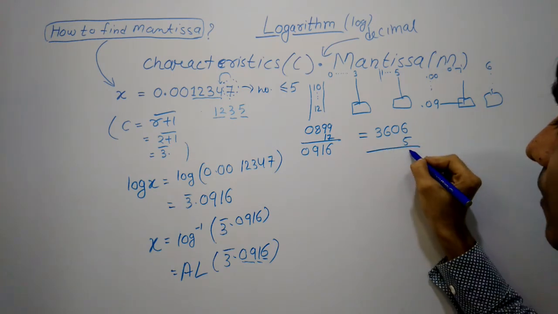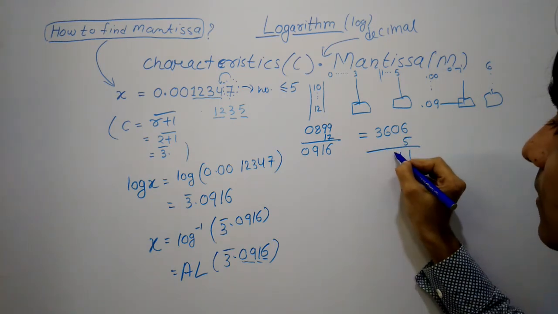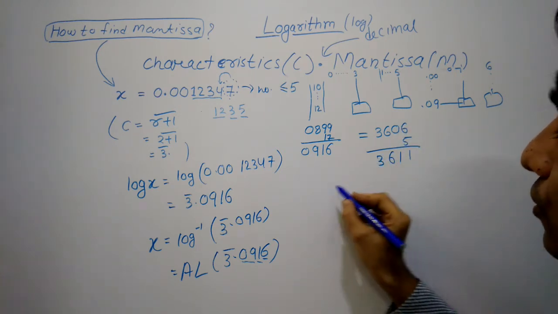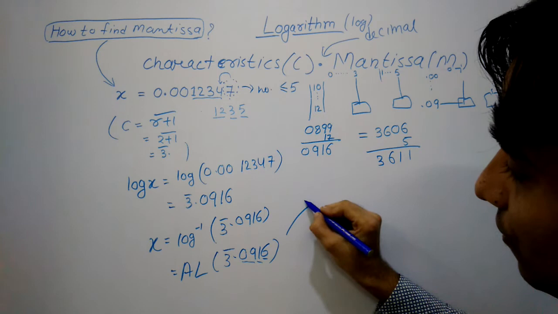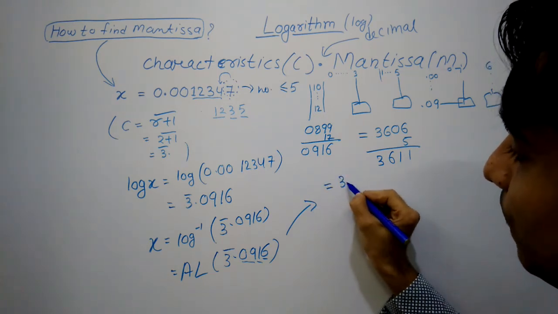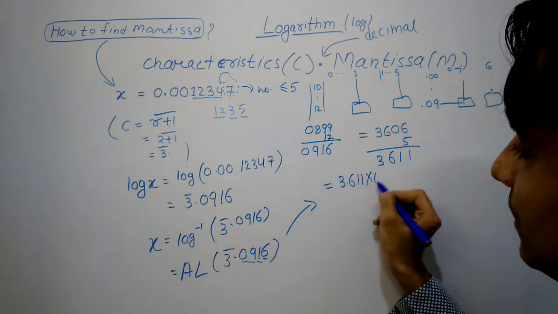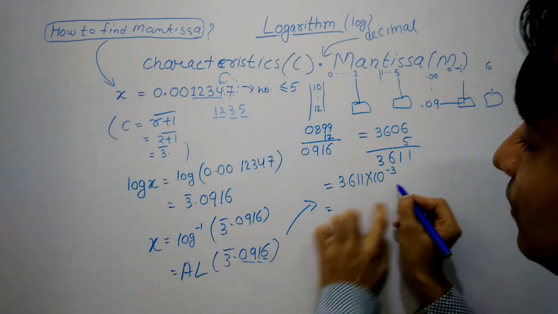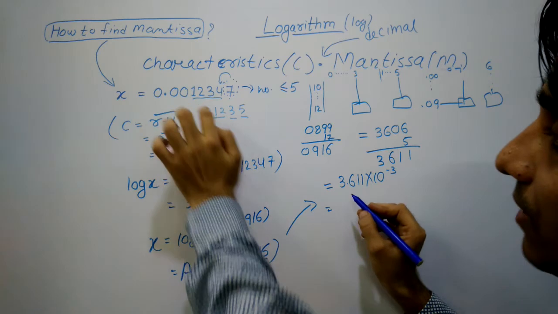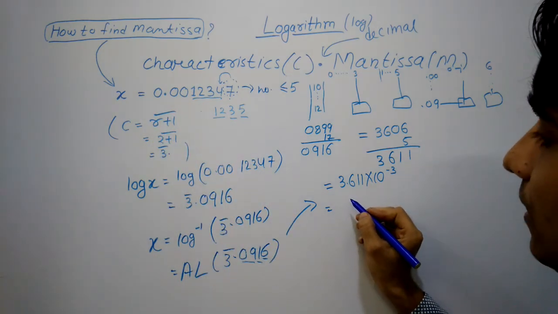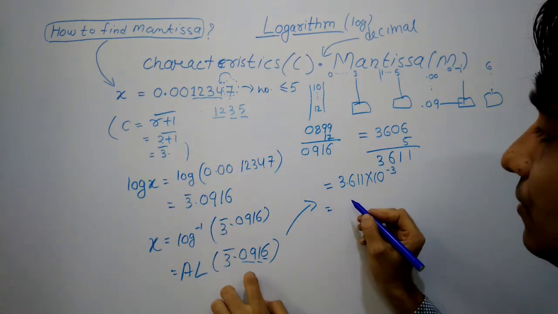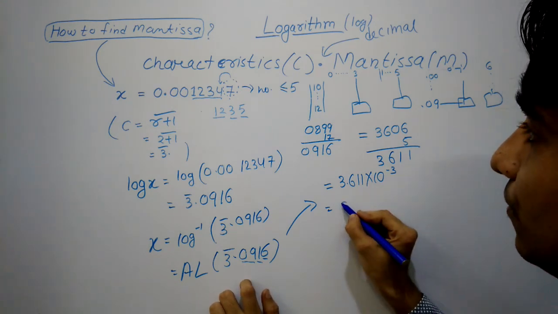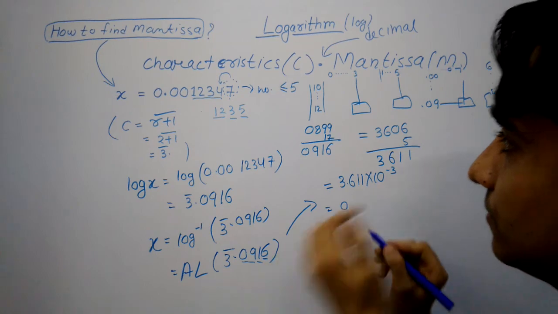So we do have what? 1, 1 and 1 is there, 6, 3. So for that one you have to note down this: 3.611 into 10 raised to the power, how much? 3. So 3 is there. When you include this one, we get the same number which was there earlier. So you get 3.6, 0.